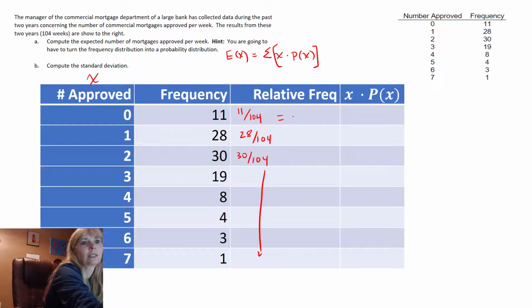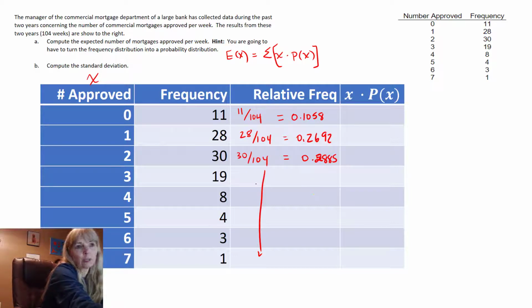Let me write a couple of these out: 0.1058, 0.2692, and 0.2885. And you continue dividing each one of these.